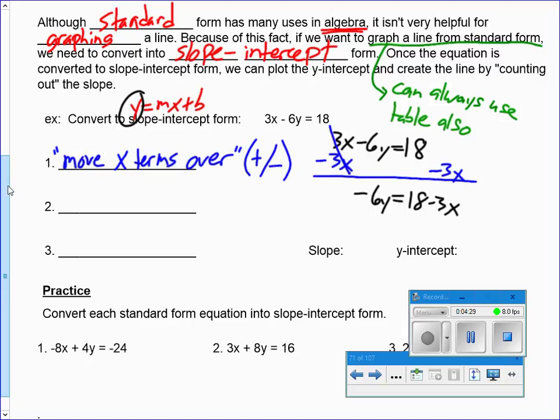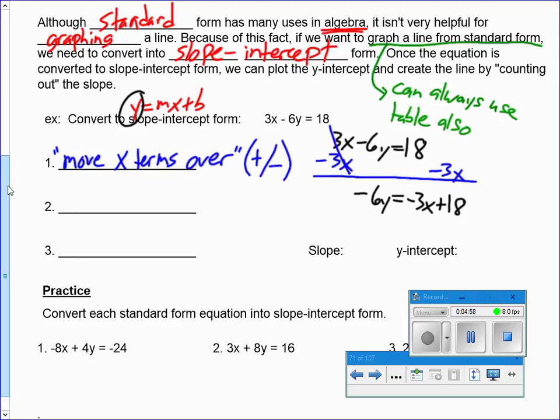If you prefer, as long as you keep the signs the same, you can change the order and write this as negative 3x plus 18. Just make sure the signs, positive and negative, stay the same. And now the last thing we have left to do to get y by itself is get rid of that coefficient number in front.